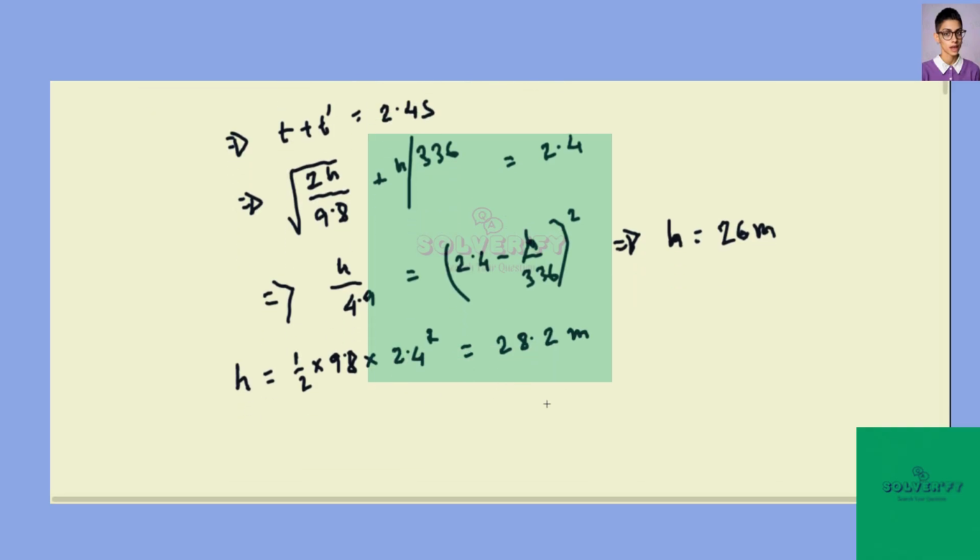So the error is 28.2 minus 26 divided by 28.2, which equals 7.75%.